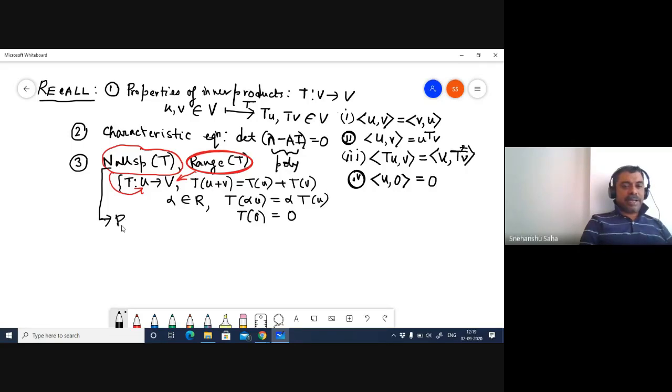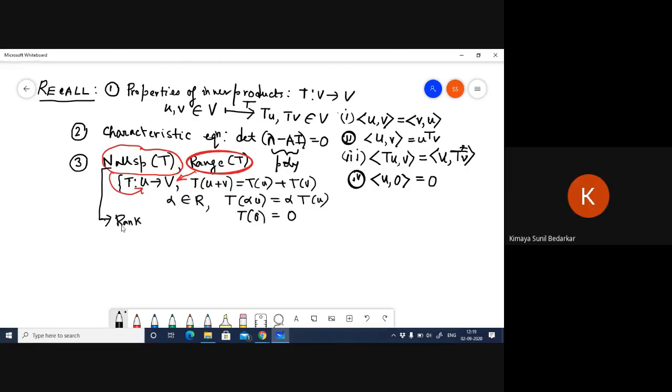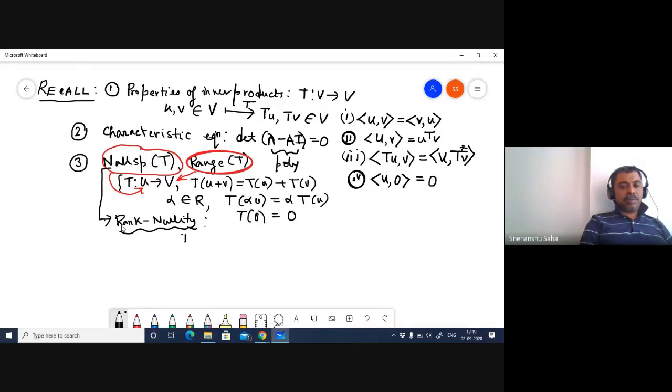So the rank nullity theorem is that if you have a linear transformation where V is finite dimensional, right?